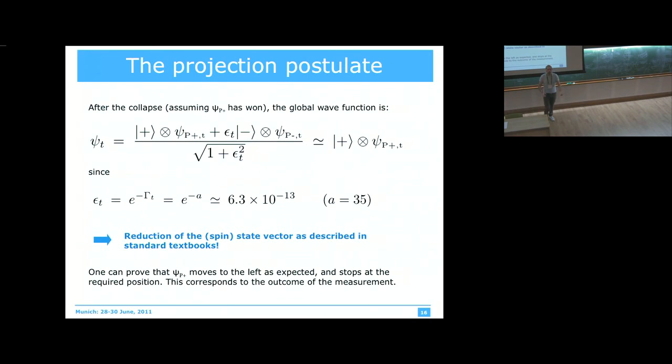You want an easy rule to give to experimentalists, otherwise they don't know what to do. The easy rule is to give them an operator, and they hopefully can make a product and get a number. But apart from the joke, it's nothing more than that. It's just a handy way of dealing with measurements instead of solving complicated equations. But the truth is to solve the equation of measurements.